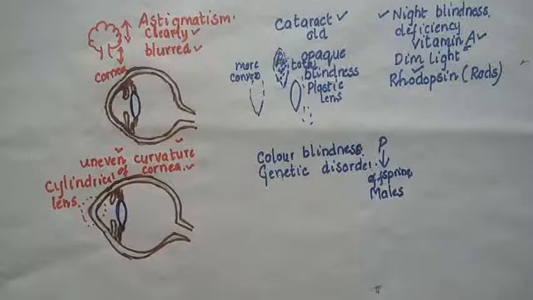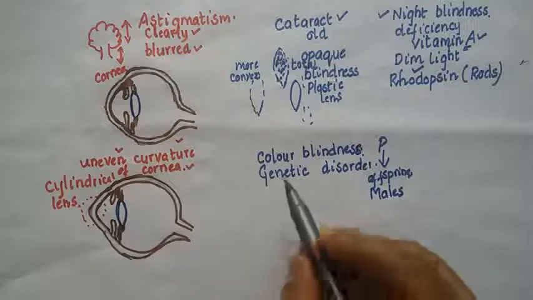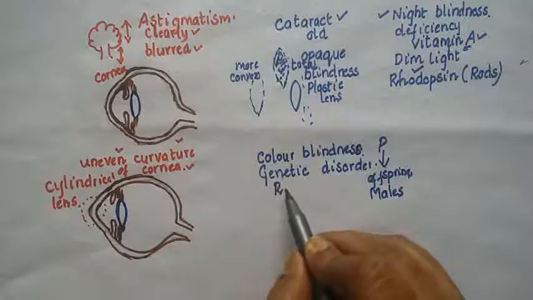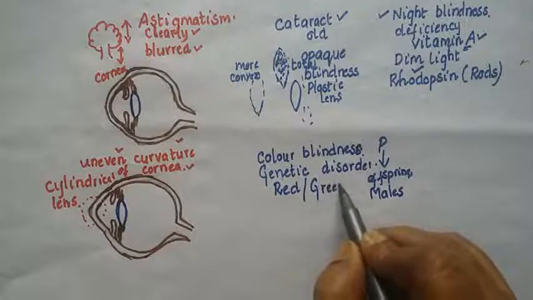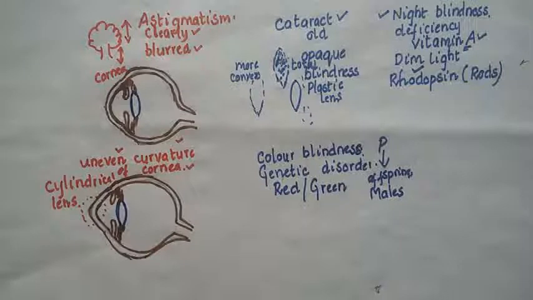Now, in this defect, the person cannot identify two colors, that is, red and green color of the objects cannot be differentiated. Okay, so what is the meaning of color blindness?